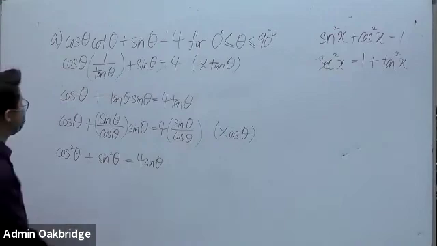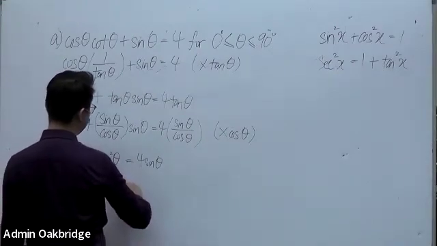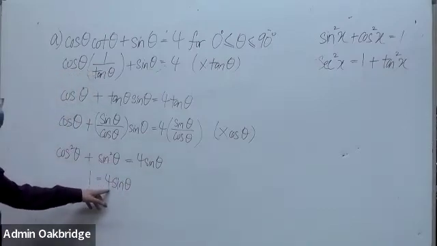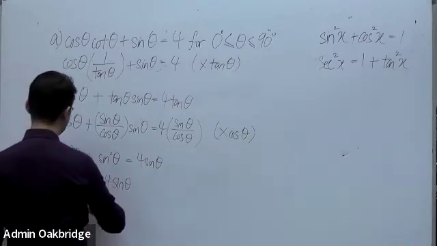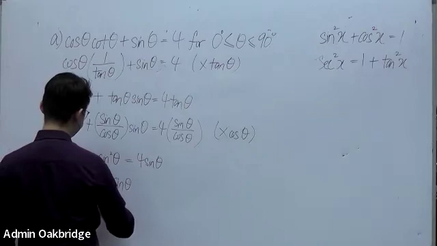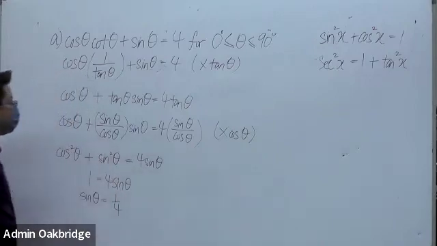That means it is actually 1. So 1 equals 4 sine theta. And now you can rearrange this to make it a simple trigo equation. Now from here, you know how to solve this.